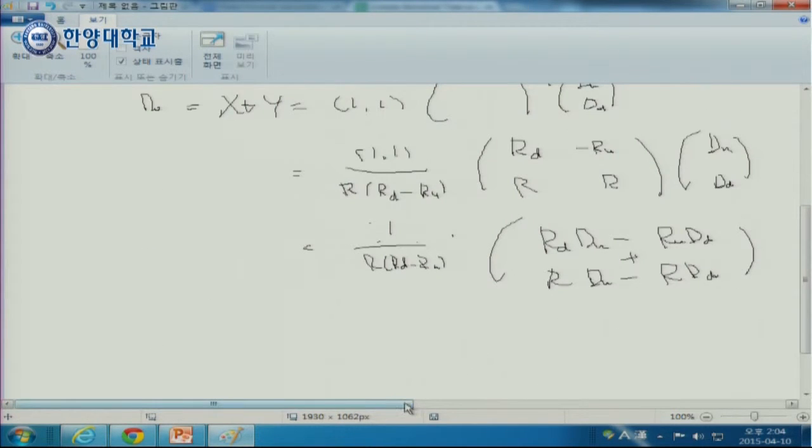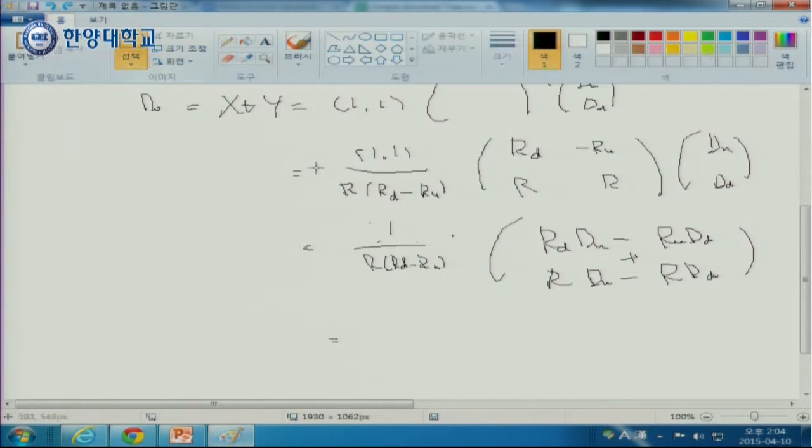Okay. Then let's compute this one. Then the sum of this one, so it is R1 over R, RT. No. I think I have a better idea. Okay, copy, paste. Cool, yeah.